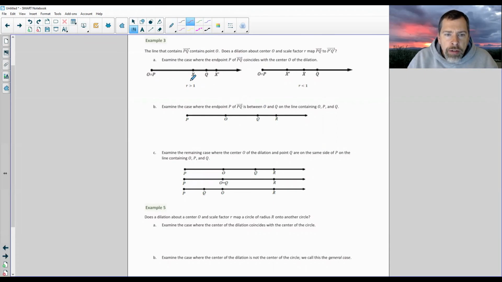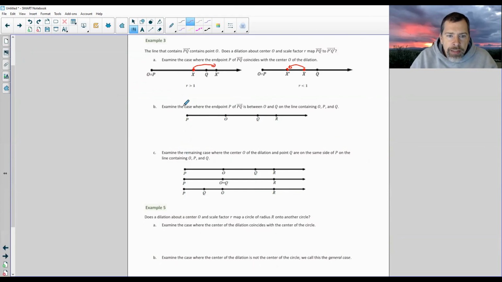If scale factor R is greater than 1, then you pick a point that's between O and Q, and you scale it out, then its image would end up on the other side of Q, because R greater than 1 is going to go further from O. And if R was less than 1, our pre-image X would get moved this way to our image X prime. In this case, our pre-image X is between O and Q, and it would end up getting moved away from our starting point O, which equals P.